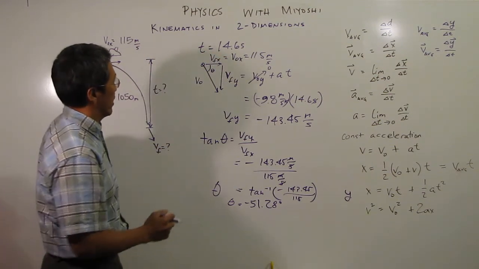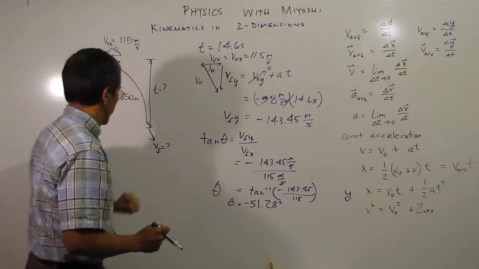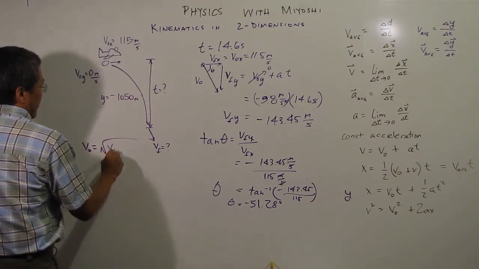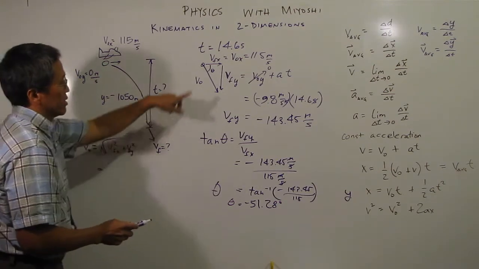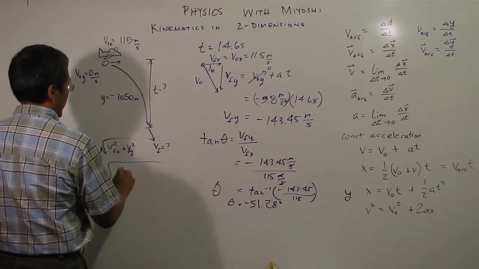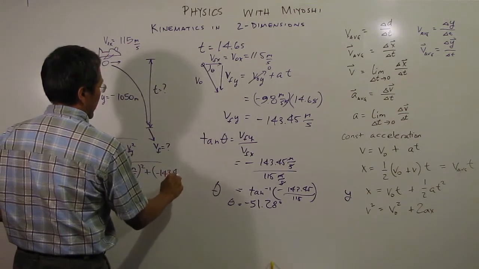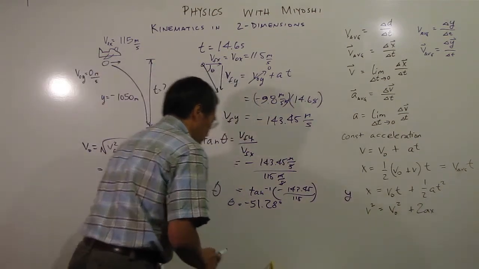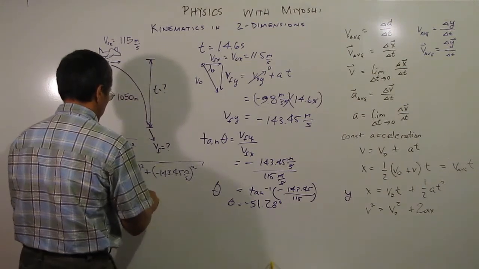We could find our final velocity by doing the Pythagorean theorem. vf is the square root of vfx squared plus vfy squared, which is the square root of 115 meters per second squared plus negative 143.45 meters per second squared, and that will give us 183.86 meters per second.